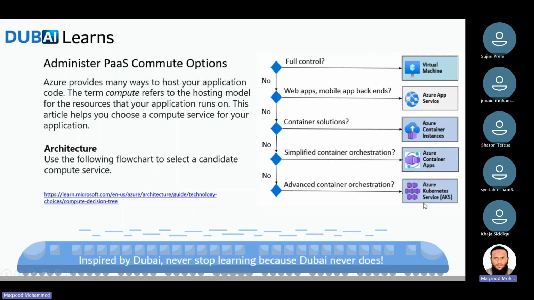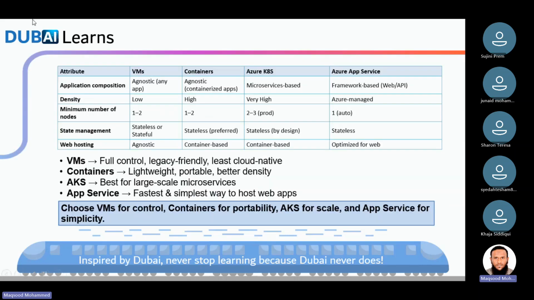There's also the Kubernetes orchestration platform originally from Google, which is now, I guess, owned by some other company. And for advanced container orchestration, you have Azure Kubernetes Service as well, AKS. So we'll see what each one of these options is.